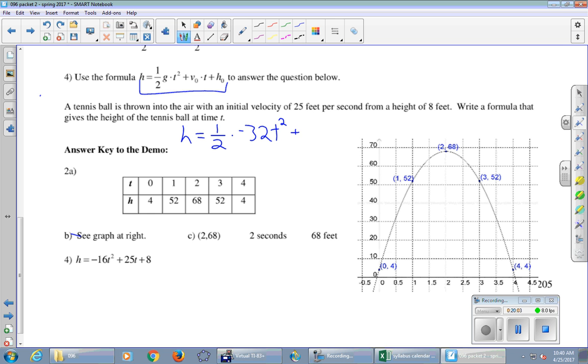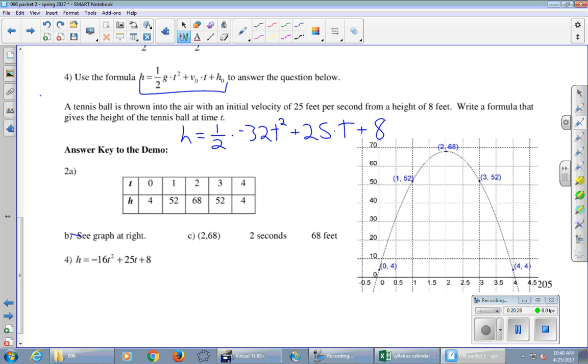Plus. Next symbol I see, v sub 0. That is initial velocity. What is it for this tennis ball? 25. Just change it to 25 times, and then you copy the t. Plus, h sub 0 stands for initial height. What is it for the tennis ball? 8 feet.